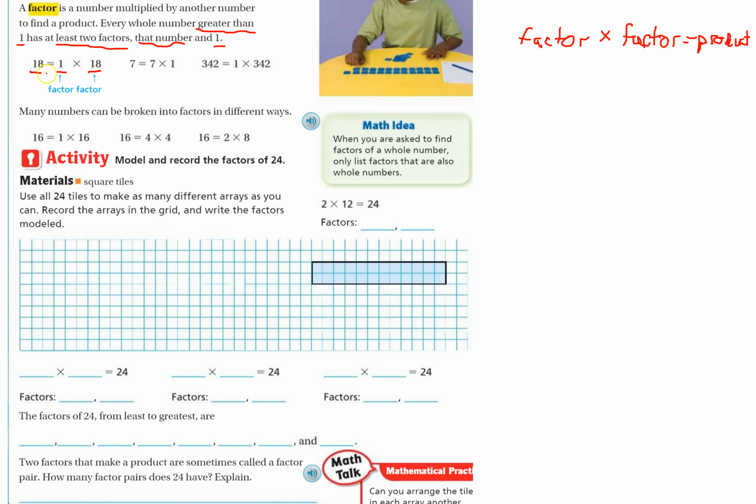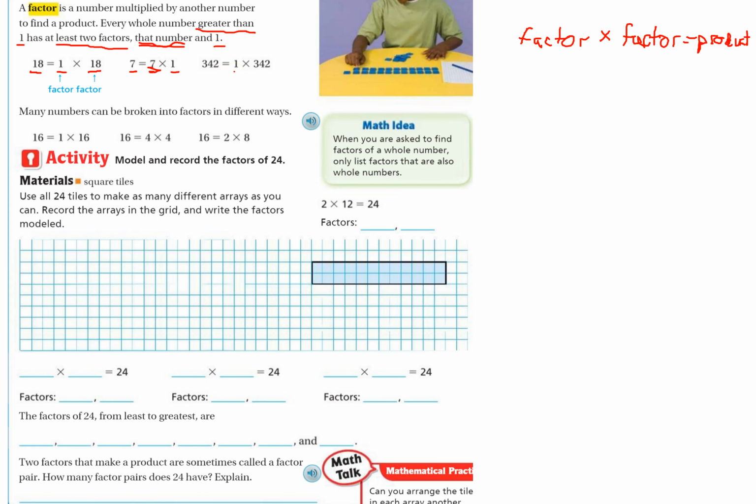So 1 and 18 are both factors of 18. For 7, the number 7 and the number 1 are both factors of 7. And in fact, those are the only factors of 7. 7 only has 2 factors.